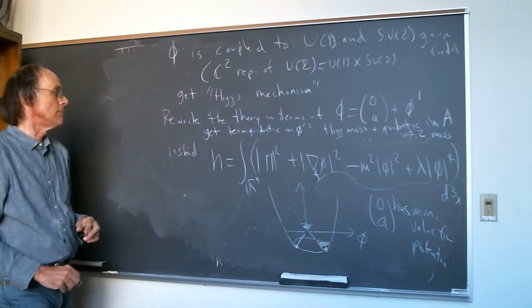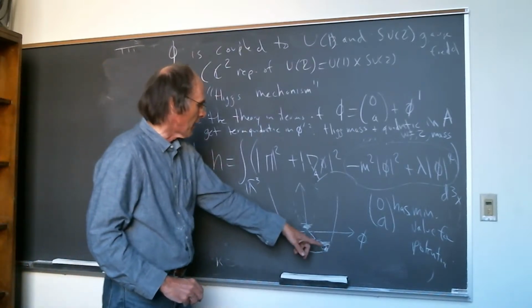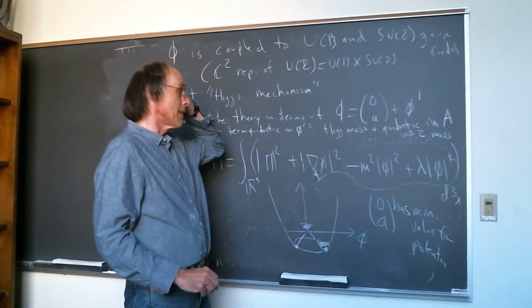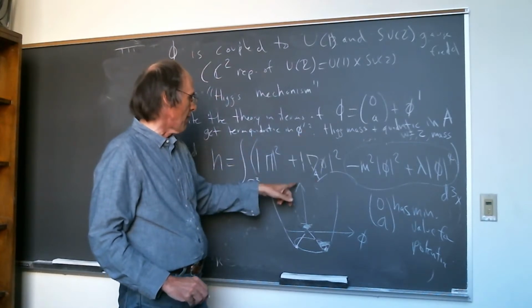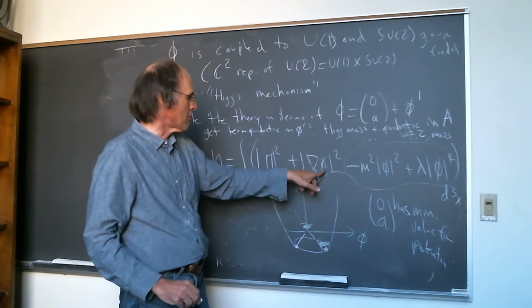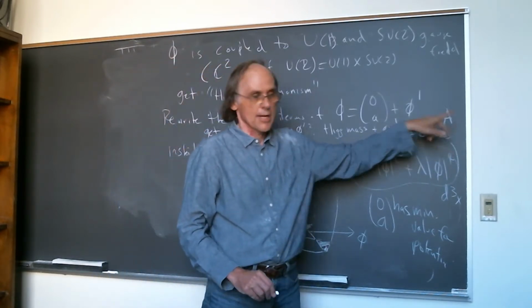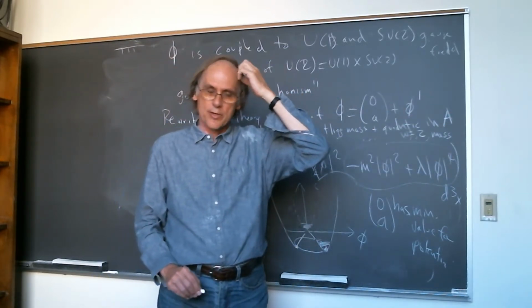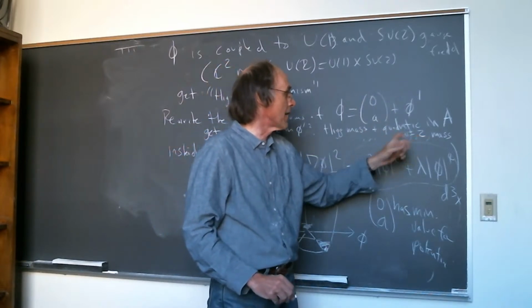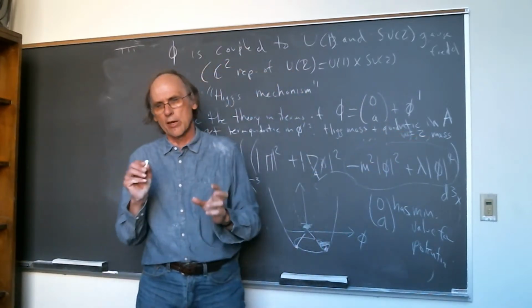And then the other effect of this is to put in an effective quadratic term in the A's, in the SU2 A's, and those SU2 A's describe the W and Z. This gives you something which I didn't really talk about.